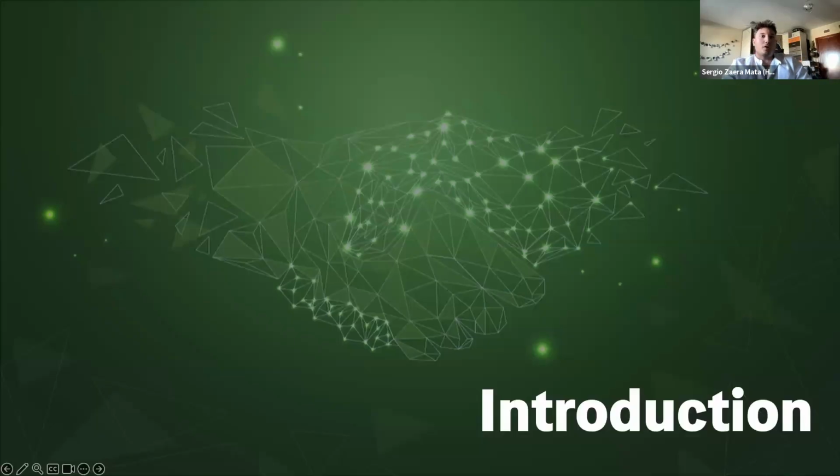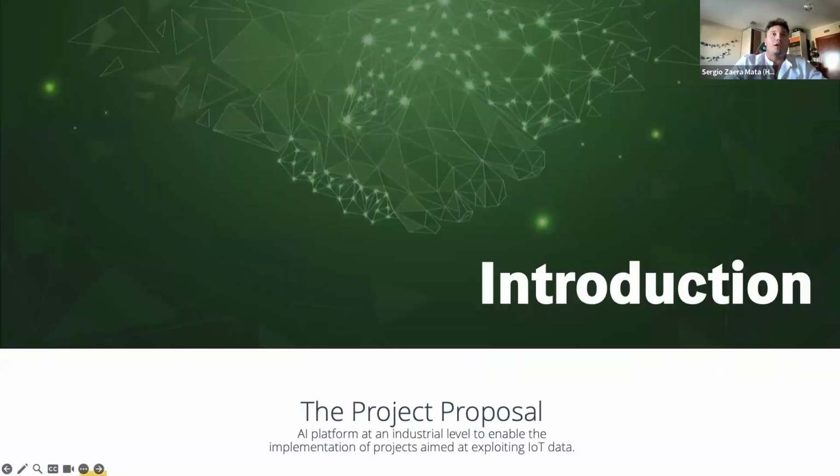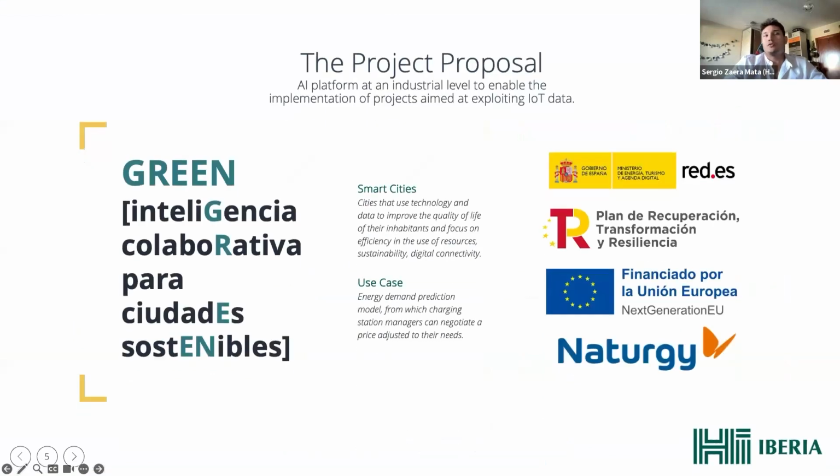So, starting with the introduction, Green is also called in Spanish Inteligencia Colaborativa para Ciudades Sostenibles. It's close to the thematic of smart cities, and the use case of Green was to get the energy demand prediction of a model for the charging station and the charging environment of the electric vehicles.